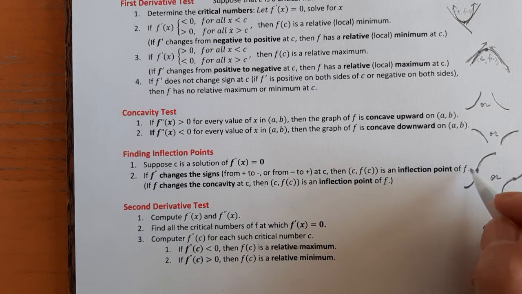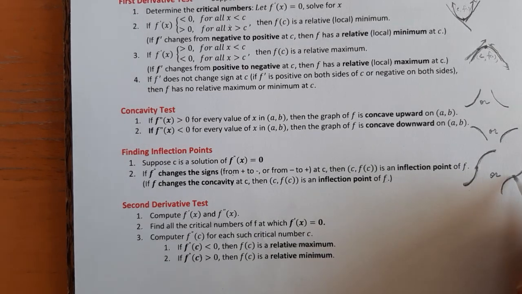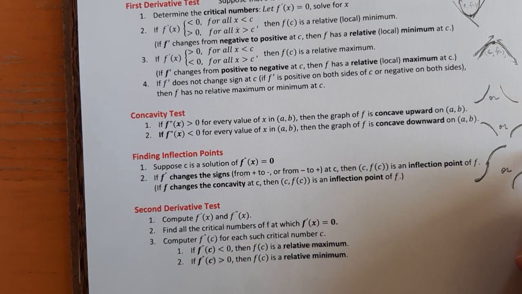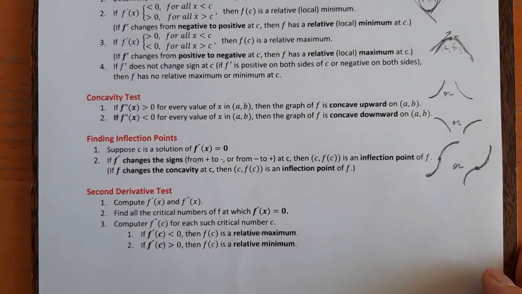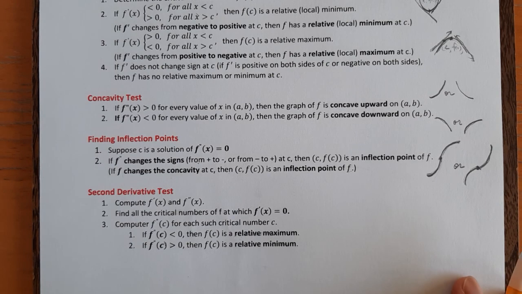From positive to negative, in other words, f is concave upward changing to concave downward. That's a point of inflection. From f double prime negative changing to positive, that means the concavity changes from downward to upward. This is also a point of inflection.